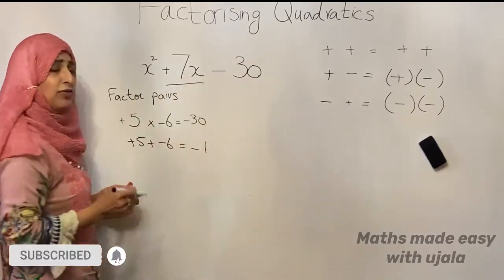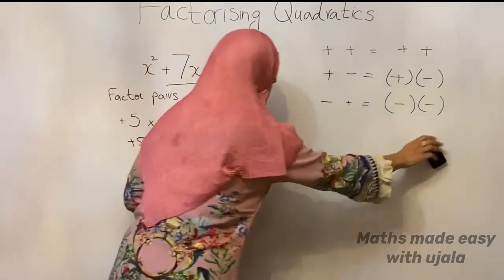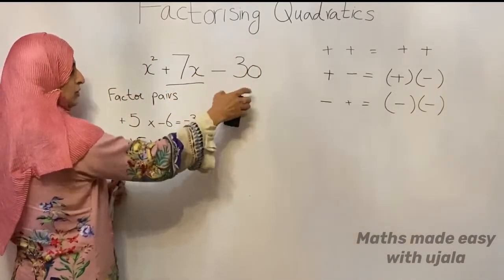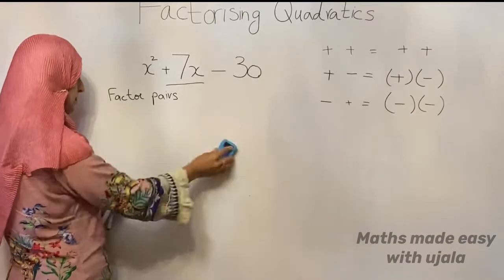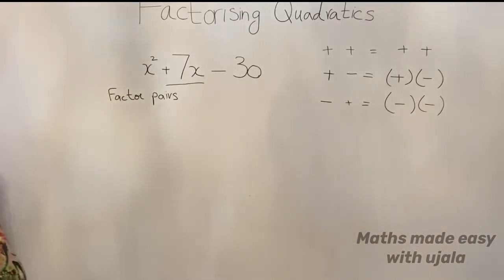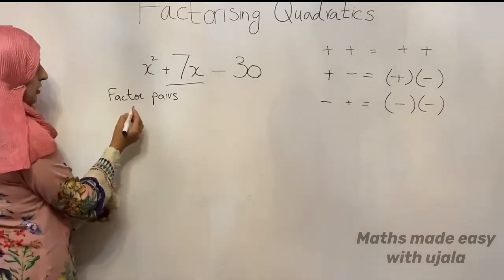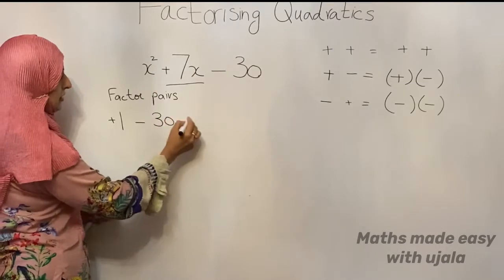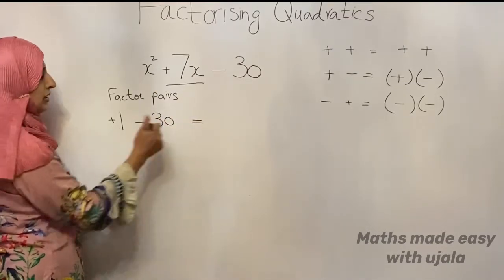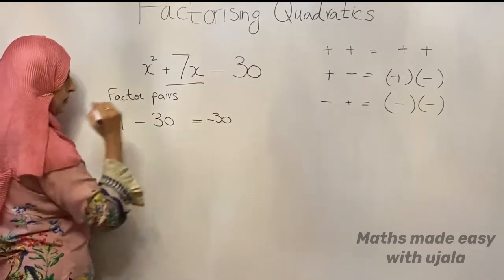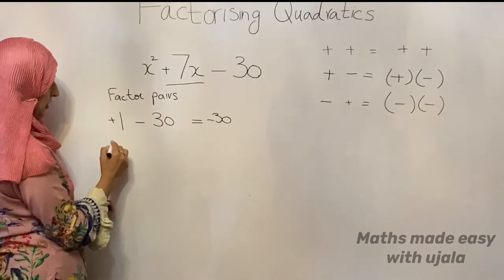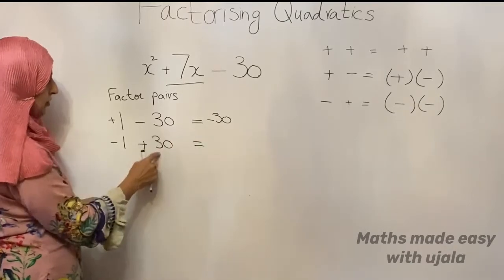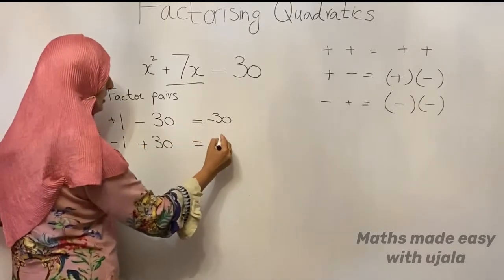So we have to find the factors. If we add them, the answer should be plus 7, and if you multiply them, the answer should be minus 30. Plus 1 minus 30: if you multiply, it is minus 30. If I write minus 1 plus 30, if you multiply them, the answer will be minus 30.